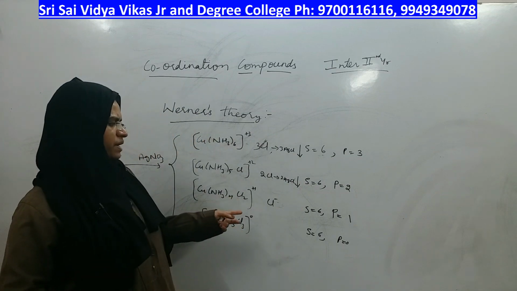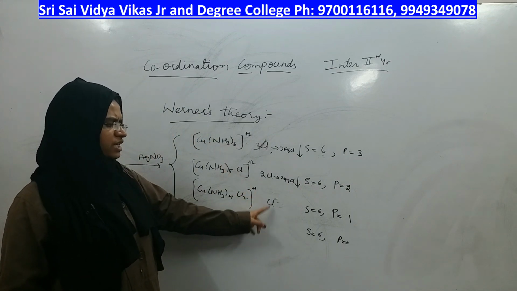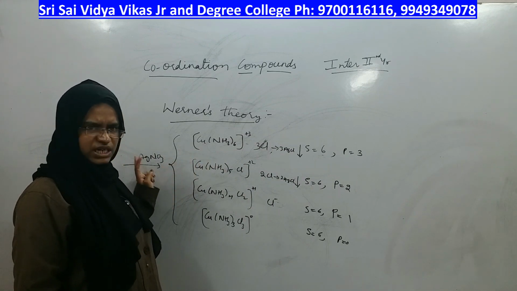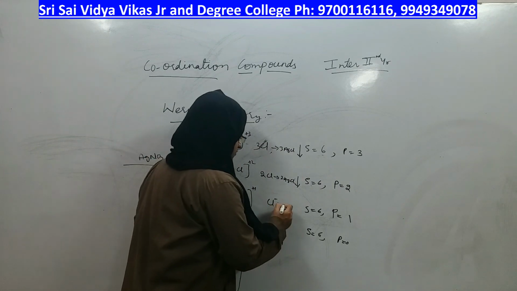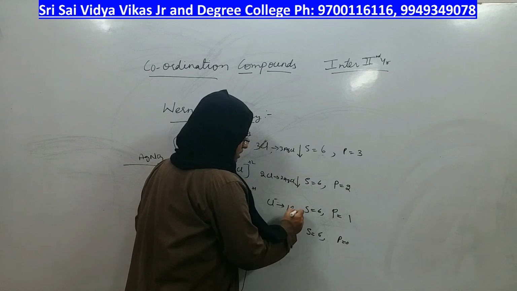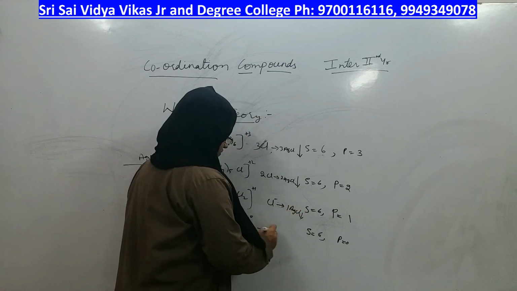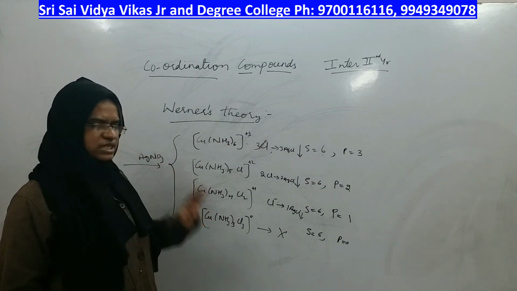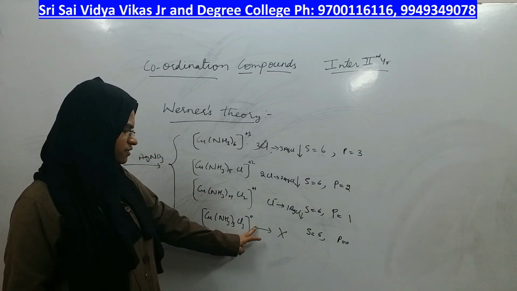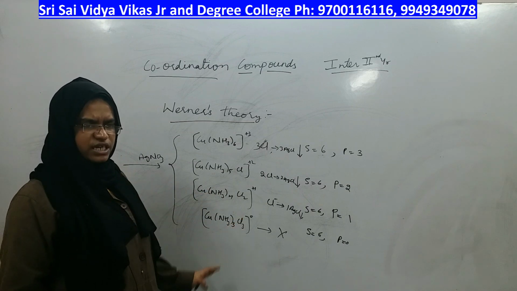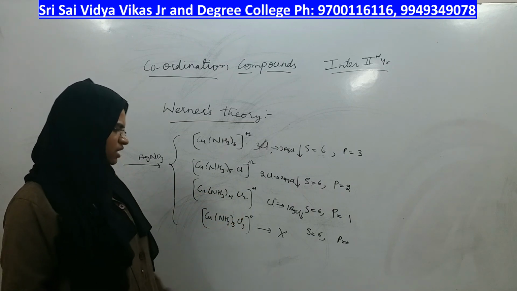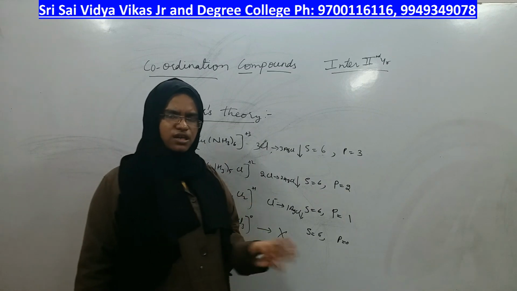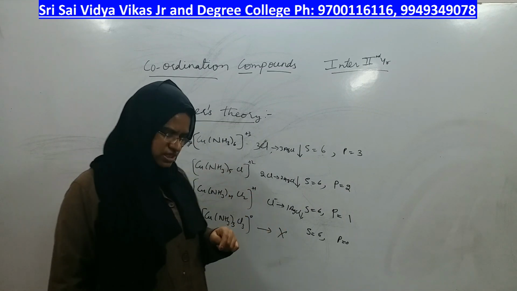The next complex has only one free Cl minus ion, so it utilizes only one Ag plus ion to give 1 mole of AgCl precipitate, whereas in the last complex there is no free Cl minus ion outside the sphere, so it cannot give any precipitate of AgCl even though chlorines are present inside the sphere, because they are fixed and cannot come out.